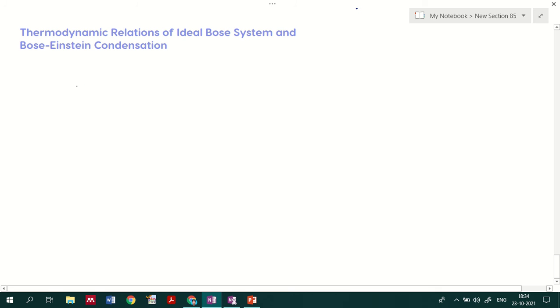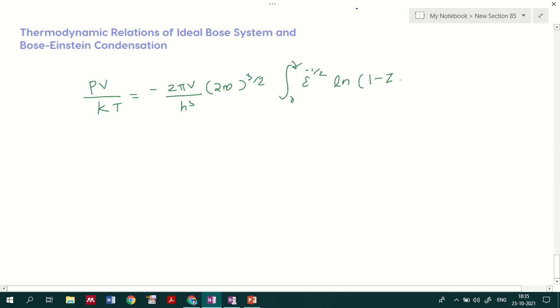So we have PV by KT equal to minus 2 pi V by h cube, 2m raised to 3 by 2, integral from 0 to infinity of epsilon raised to 1 by 2 ln(1 minus z e raised to minus beta epsilon) d epsilon, minus ln(1 minus z).